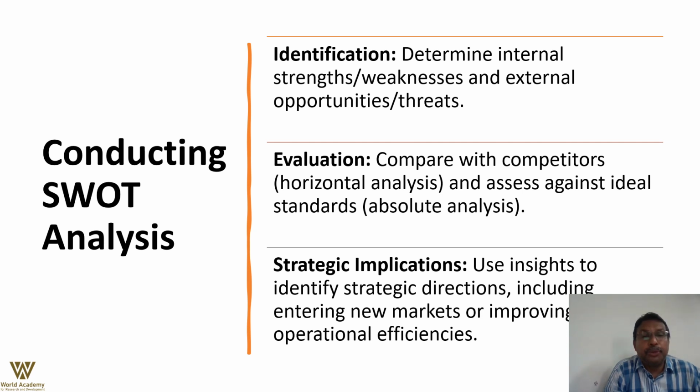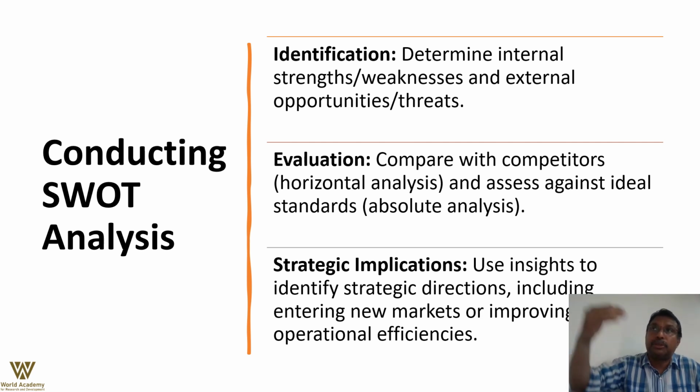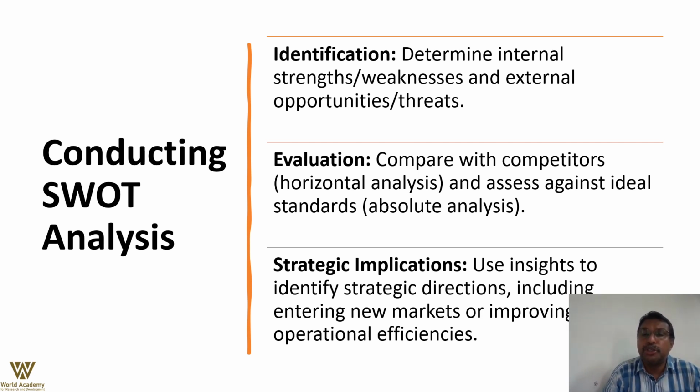First and foremost, we need to conduct SWOT analysis, as in to identify what are my strengths, what are my weaknesses, and what are the strengths and the weaknesses that exist in the community, in the society. Evaluation: compare them with our competitors. It is an absolute horizontal analysis.